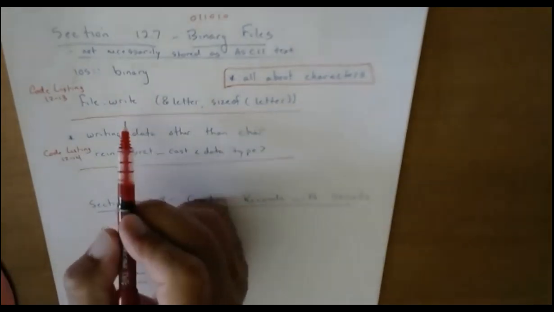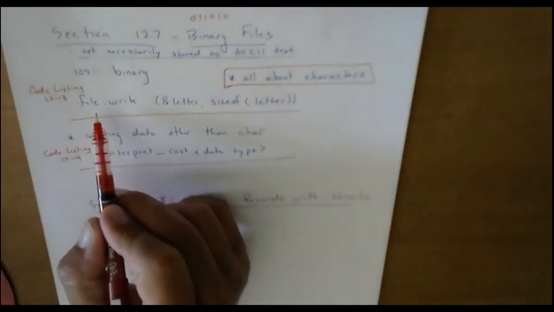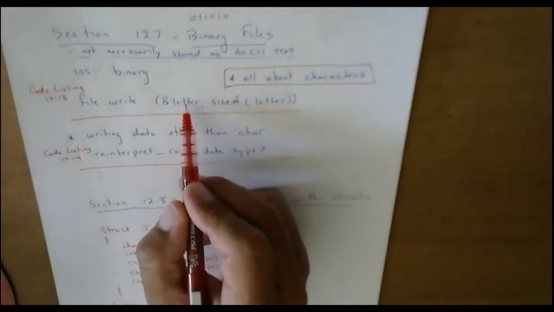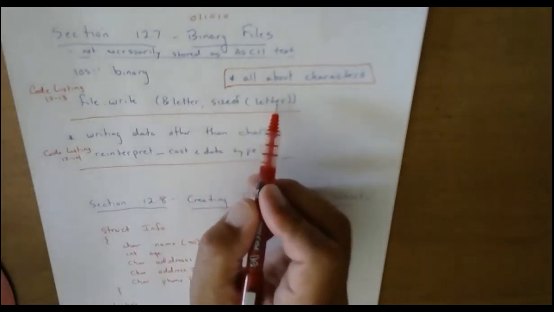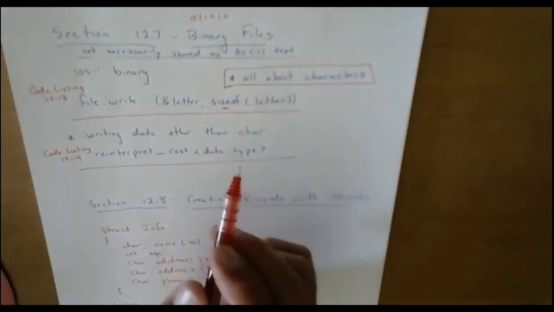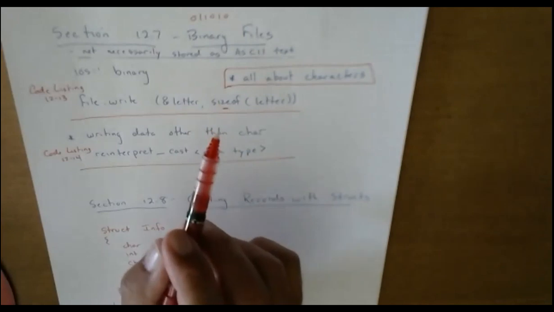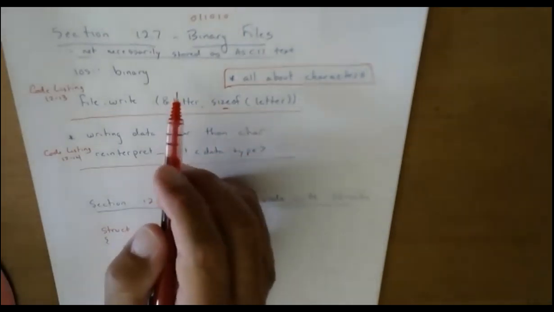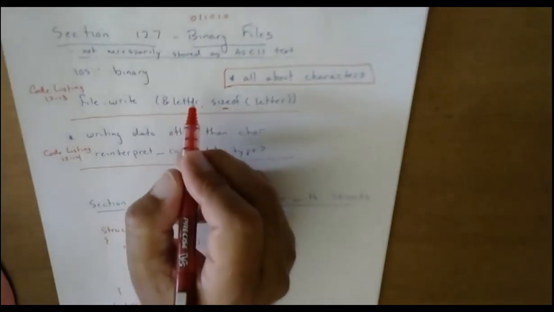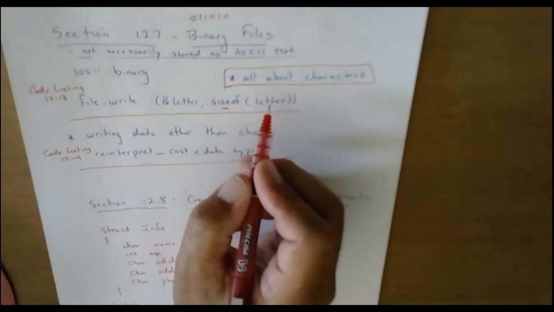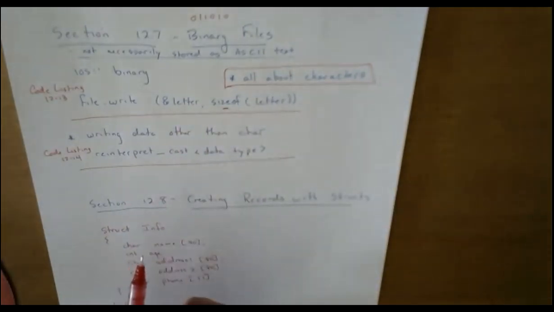As you went through, you saw you had a new way of writing to the file, and that was the ampersand letter followed by the size of the letter. The sizeof becomes important, and you saw that when you worked down here with something that wasn't a character. So what I want to write to the file, I go to the address and the size of it, and I'm going to be able to then write that to the file.